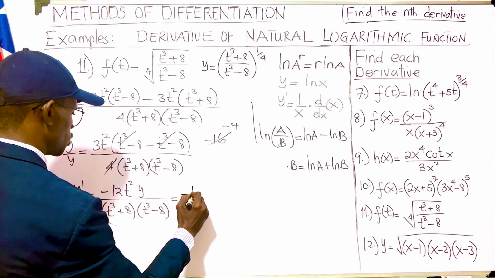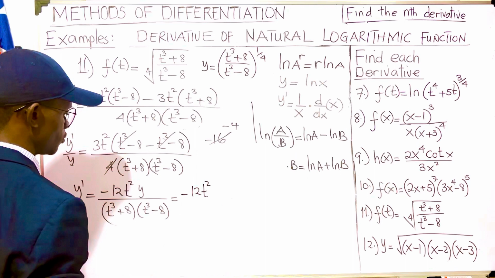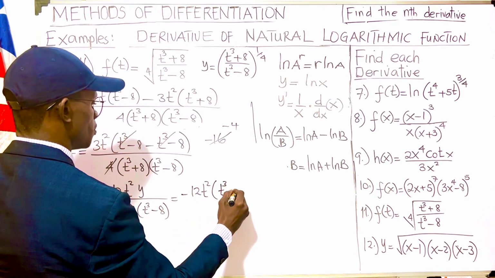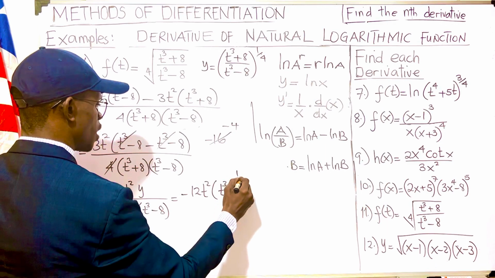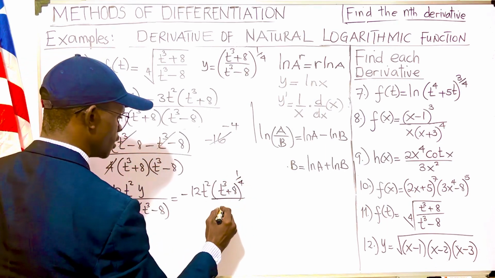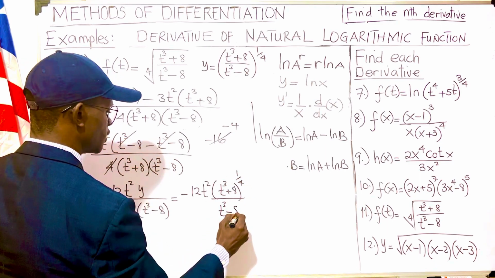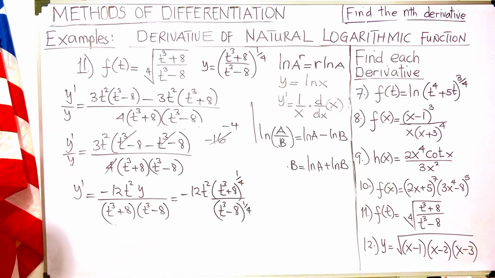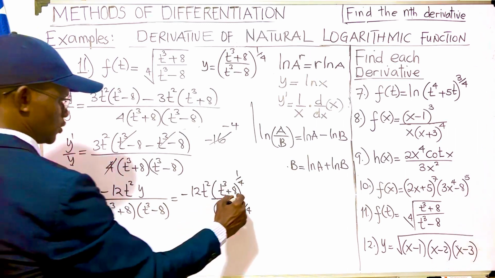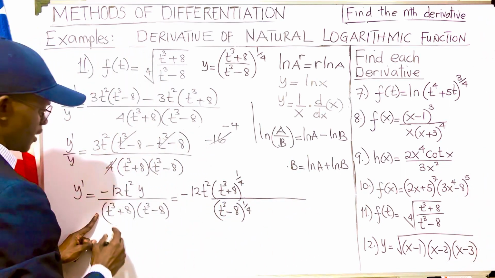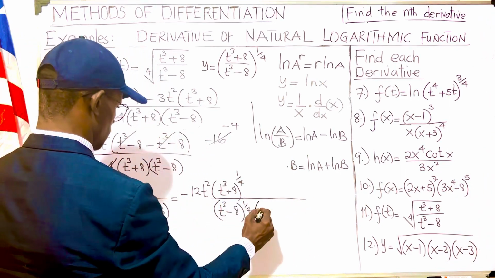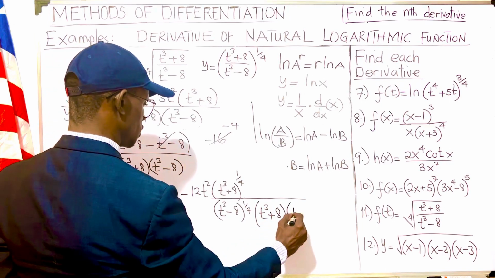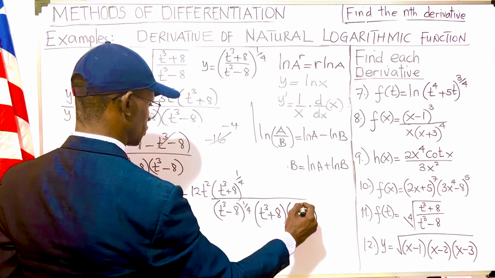So now this gives us 12t squared, and then we have t cubed plus 8 raised to the power 1 over 4, all over t cubed minus 8 raised to the power 1 over 4. But there's a denominator. The denominator is down here, which is t cubed plus 8 times t cubed minus 8.